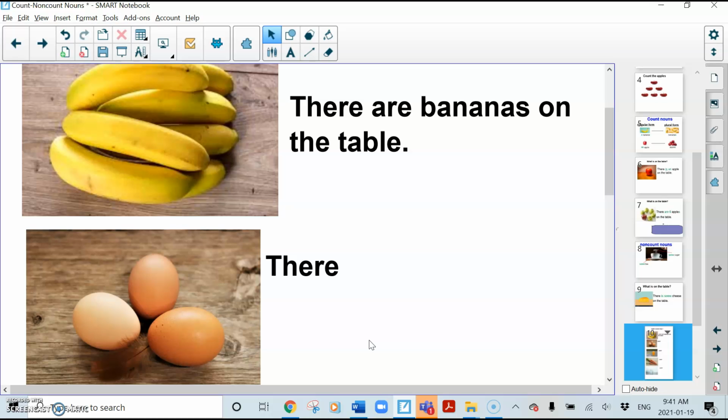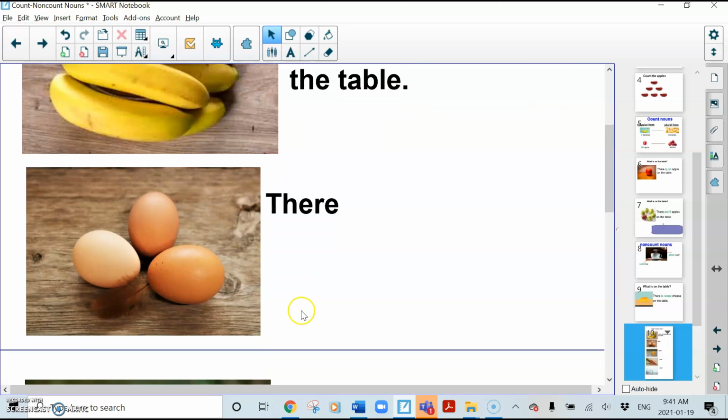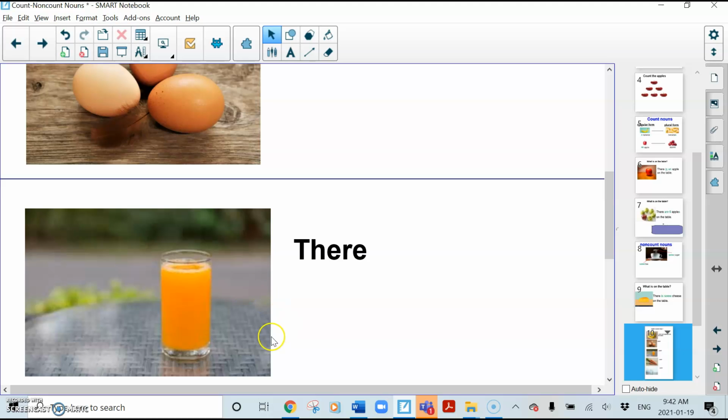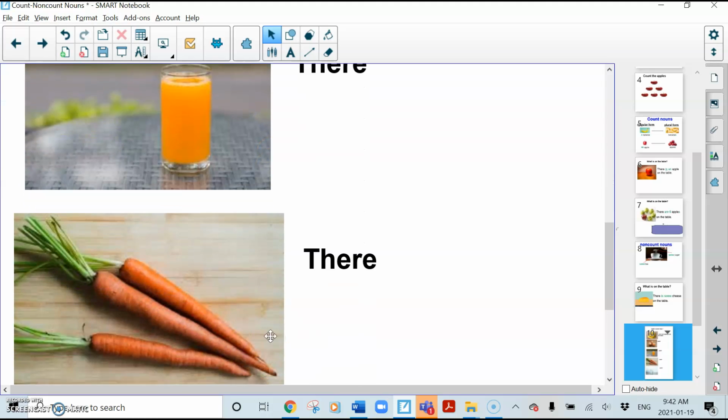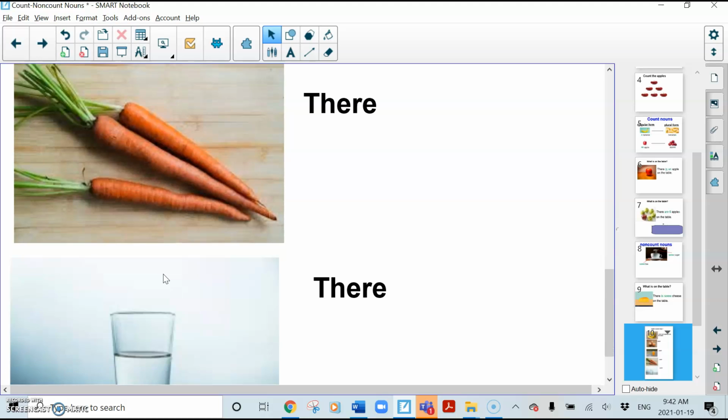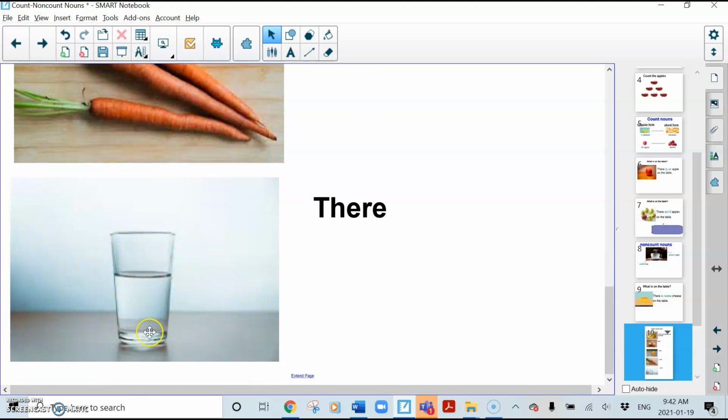Write your answers in your notebooks. What's on the table?